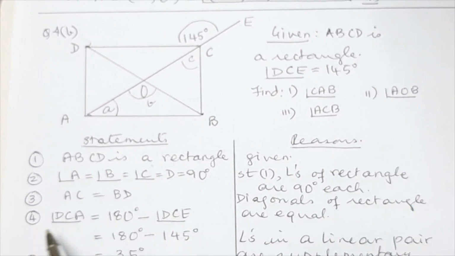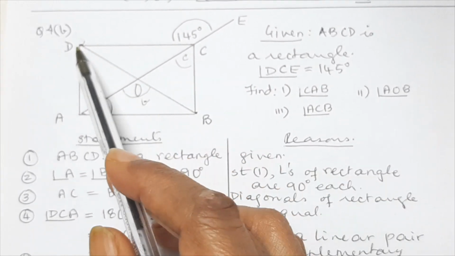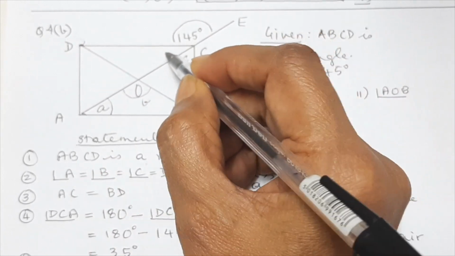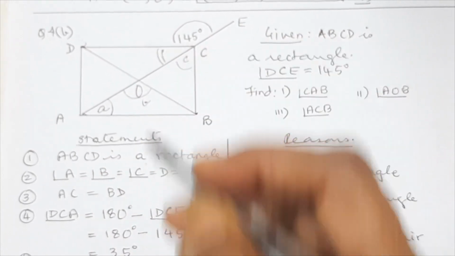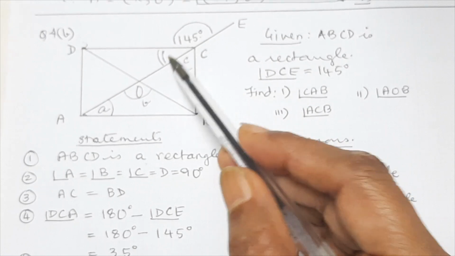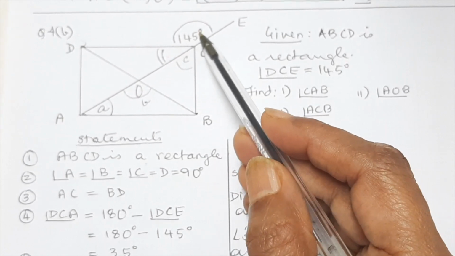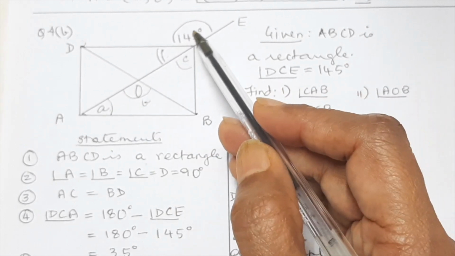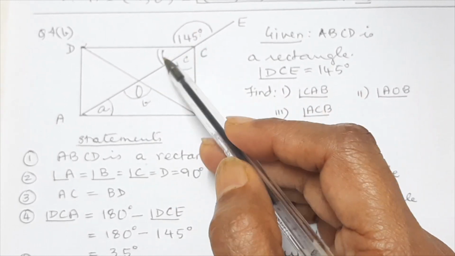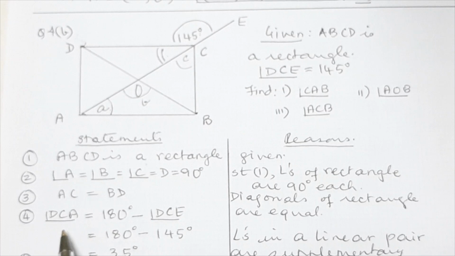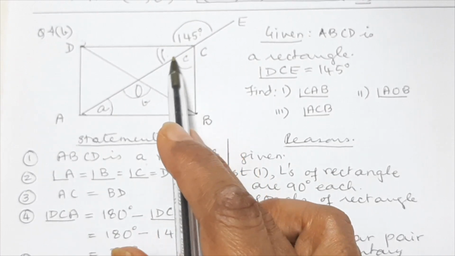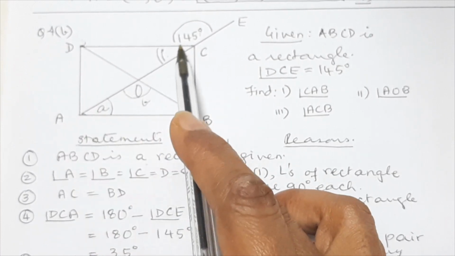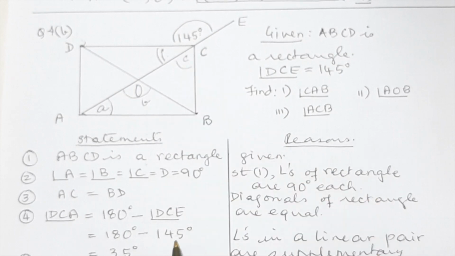Now, angle DCA, that is this angle over here, this 145 and this. So we are slowly going from 145 this way. Okay. So 145 and this. What is the connection? They are angles in a linear pair. So we write that. So DCA, this one, is going to be 180 degrees minus 145, which is 35, because angles in a linear pair are supplementary.